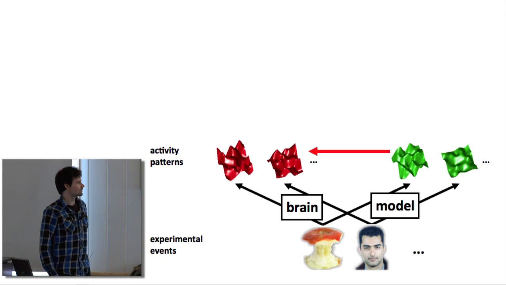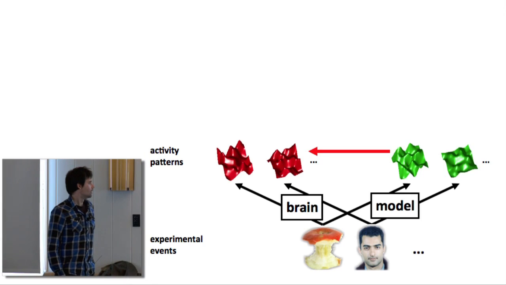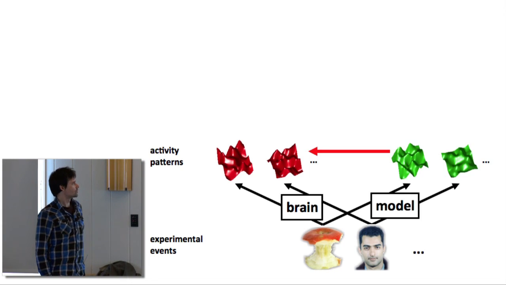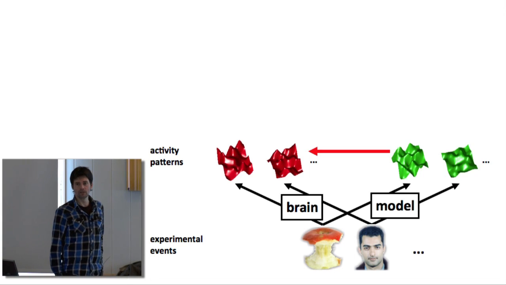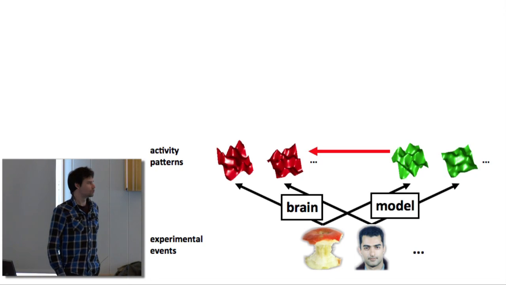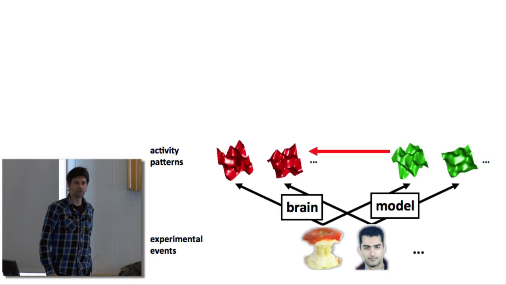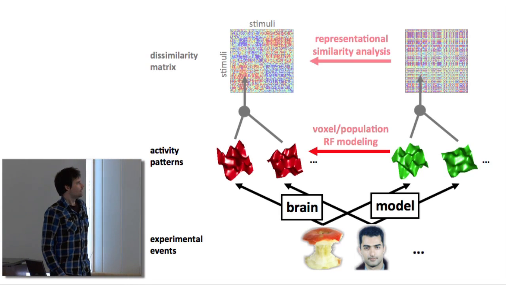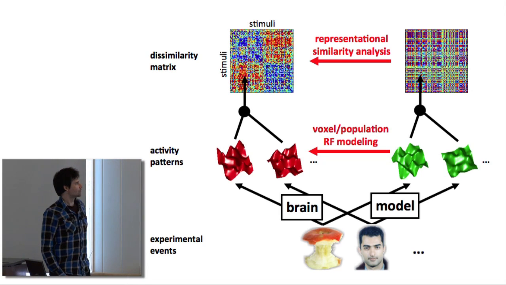One approach to it is the approach that you've heard about in the previous talk, which is voxel receptive field modeling, where you use a linear model to predict the voxel responses here from the internal responses of the computational model. But what we can also do is go to this slightly more abstract level of the dissimilarity matrix and compare the representations at this level.